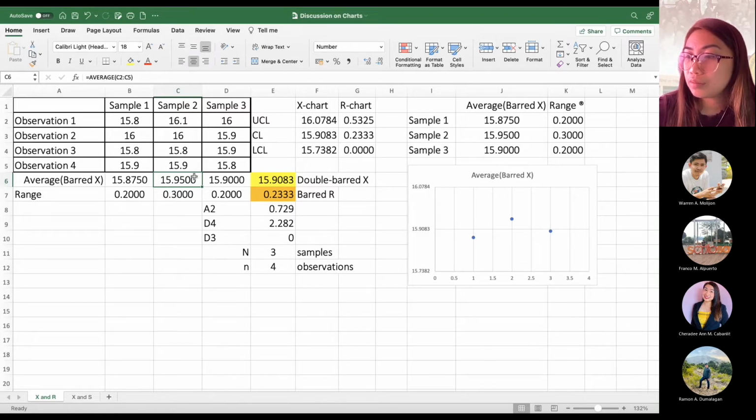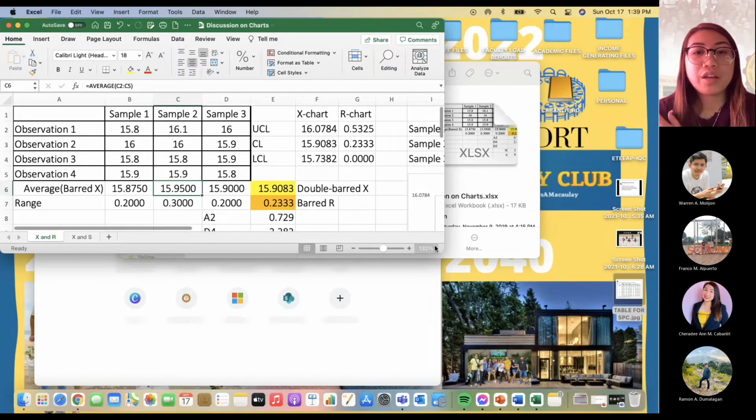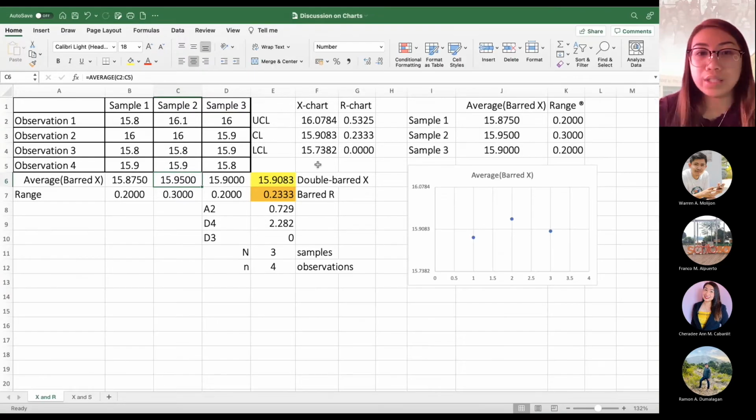Okay. Maybe the given is wrong? No, the given is right, 16.0. I think I made a mistake in writing. And then, therefore, this should be 15.9083. I will correct the notes that I gave. So, your UCL is 16.0784.